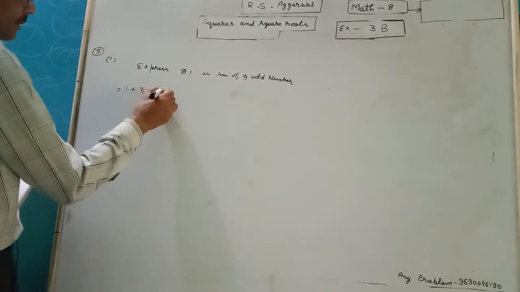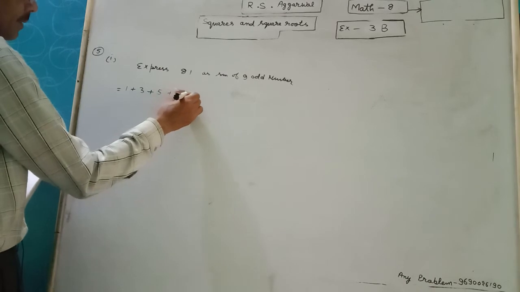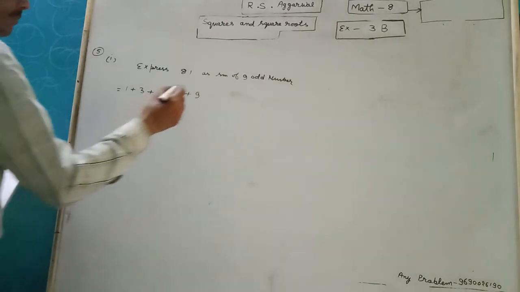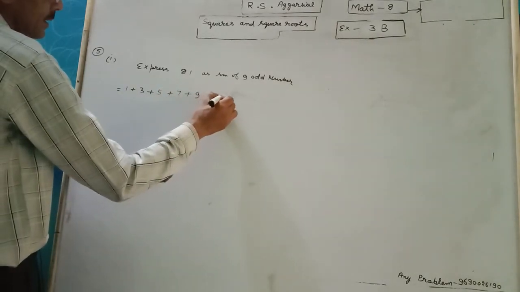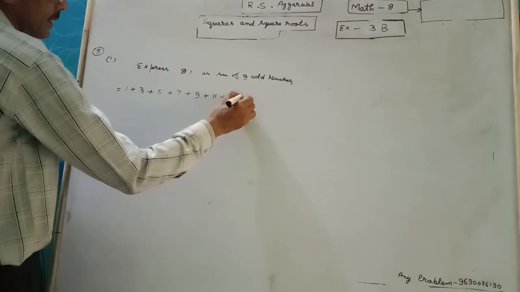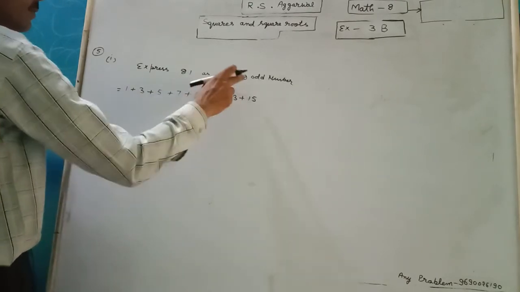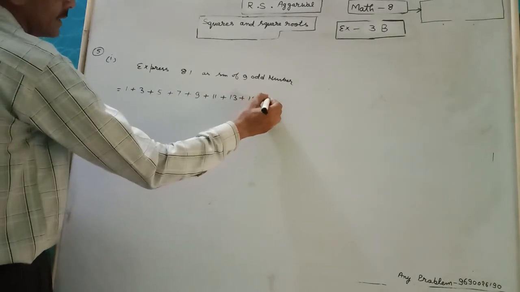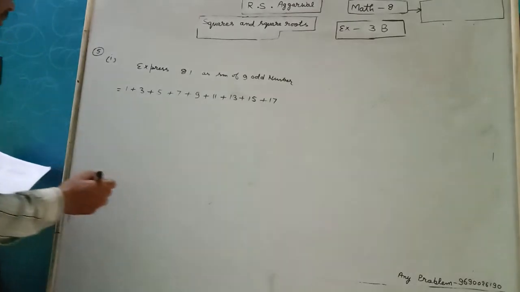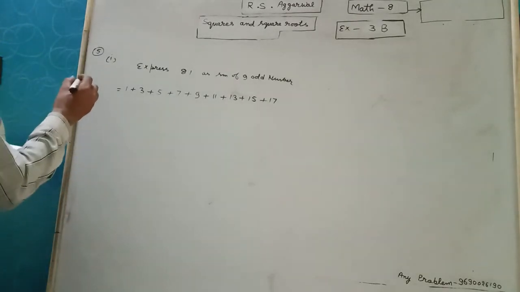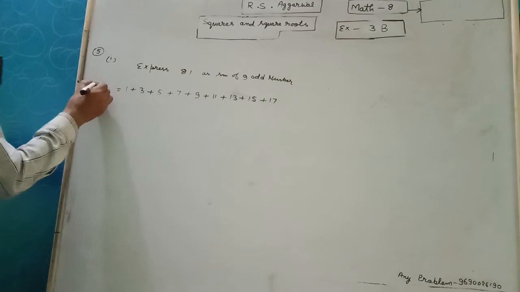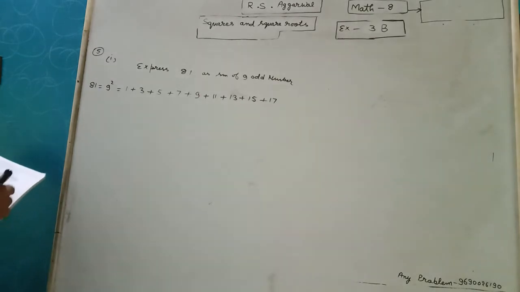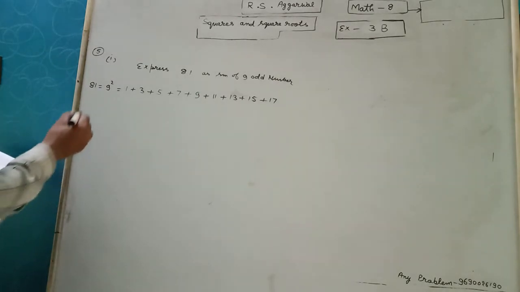Next odd number is 5 plus 7 9 1 2 3 4 5. 13, 15 should be 1 2 3 4 5 6 7 8 and 9. 9 will be 17. 81 is equal to 9 square.